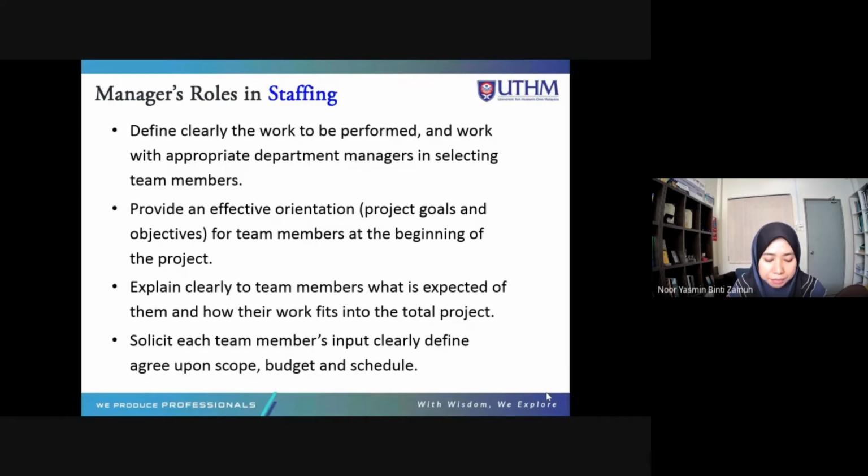And in staffing, the manager's role is to define clearly the work to be performed, provide an effective orientation, explain clearly to the team what is expected, and solicit each team member's input.